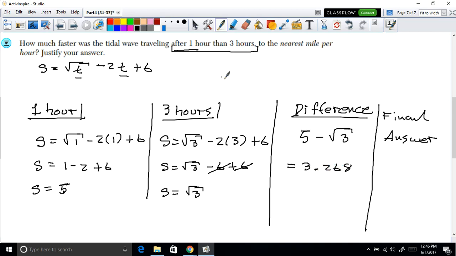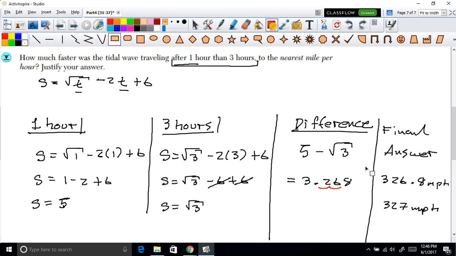So we move the decimal place 2 units to the right. This gives me 326.8 miles per hour. But it says that we need to round to the nearest mile. So instead of 326.8, all we have to do is 327 miles per hour. And this is it.